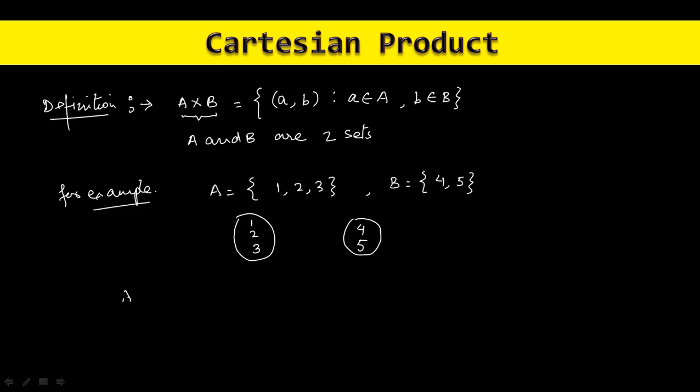If I have to write A cross B, then what will be the answer?